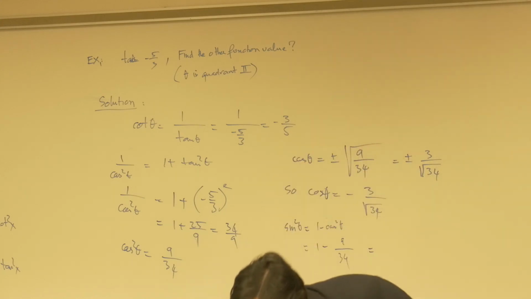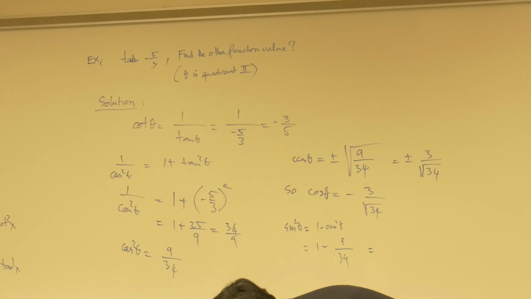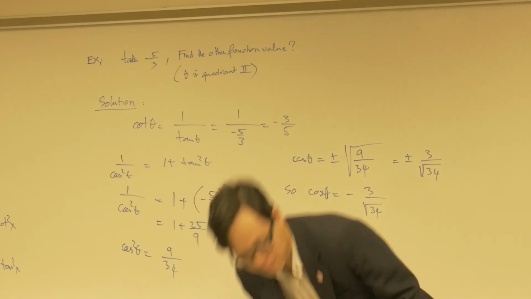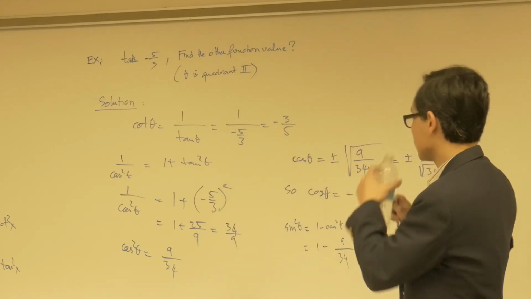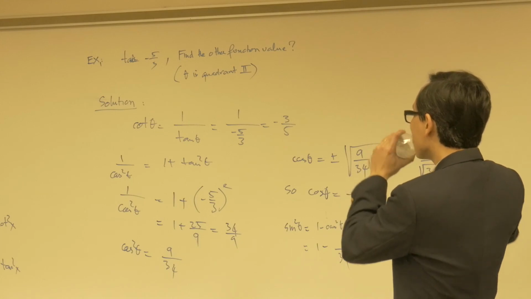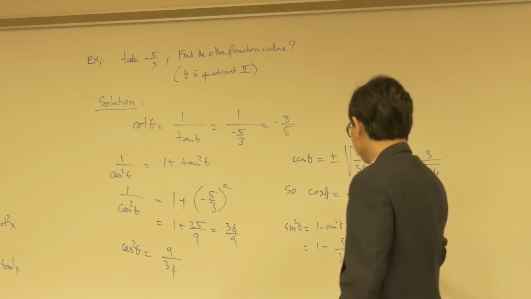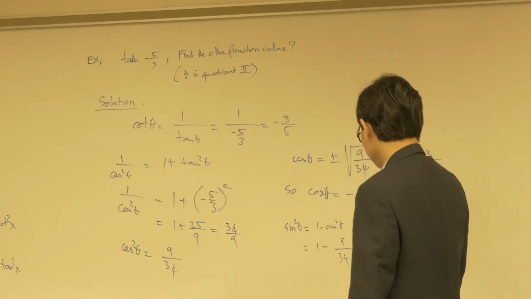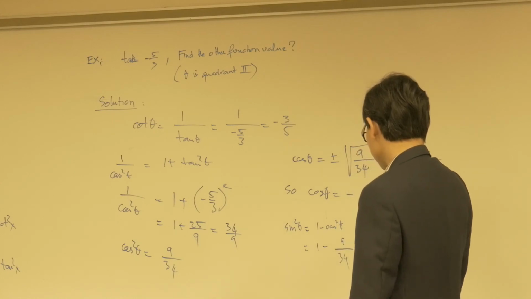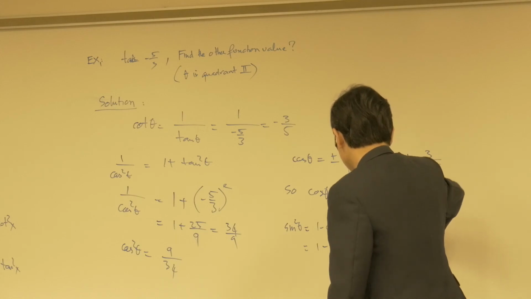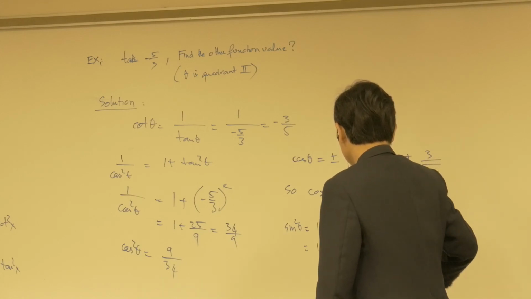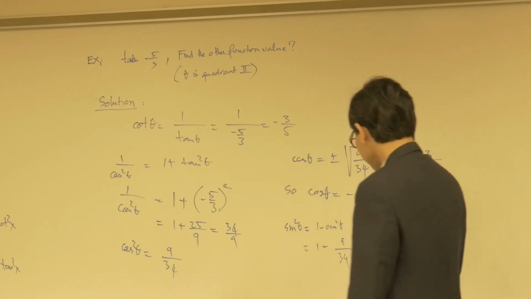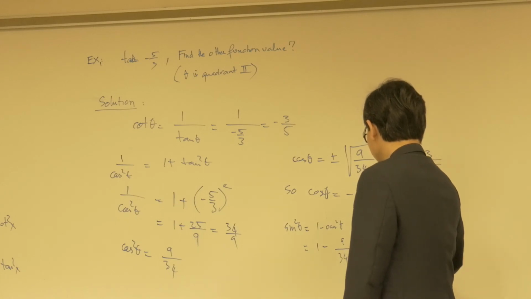Alright? And go ahead, find the LCD for me over there. 34 minus 9 will be... Is that 26? No, 25. So 25 over 34.